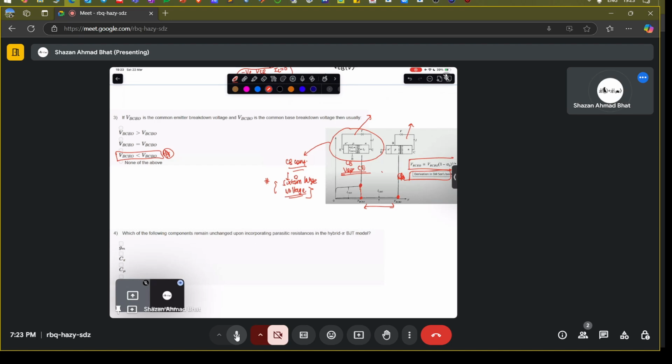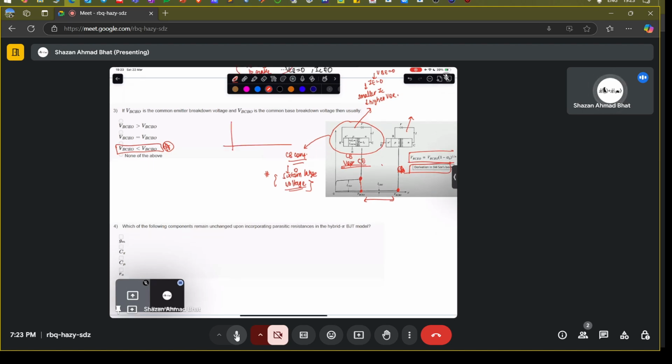Accordingly, in the common base configuration you have a smaller IC flowing, so you have a higher breakdown voltage. We are talking about a smaller IC when IE is equivalent to 0, that means VBE is equivalent to 0. That is when you talk about the breakdown.